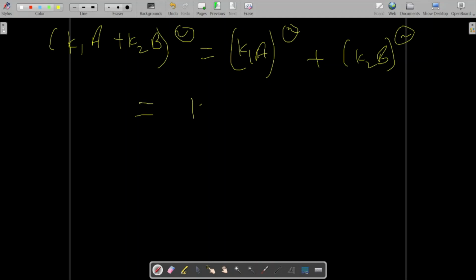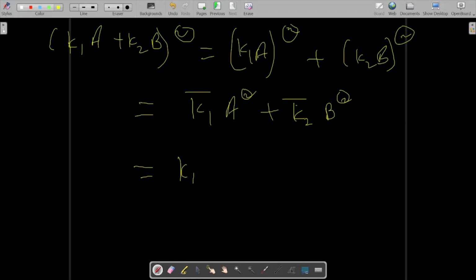Then by the property which I had told you, K1 conjugate A conjugate plus K2 conjugate B conjugate will come. Then K1 and K2 are real scalars.